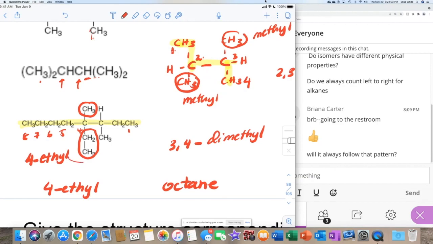And then since this is going to be converted into a number, you have to put a dash, 3,4-dimethyl octane. Man, that was a beast, guys. But we are following the pattern, blindly following the pattern.